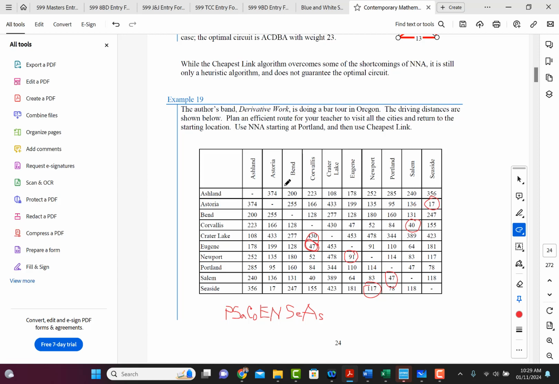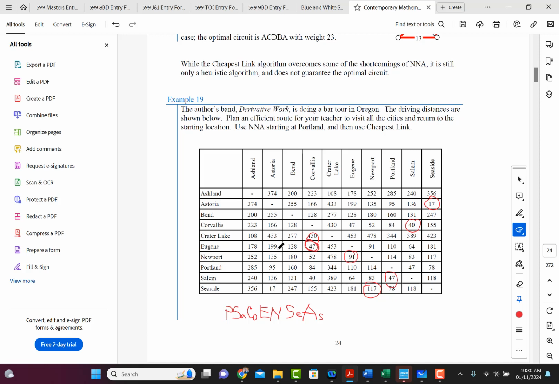And then we go to Astoria, and the cheapest one is Portland. Been there, well, Seaside, but we just came from there. Portland, we've been to. The next one is 136. Salem, we've been to, and then Newport, we've been to, and then Corvallis, we've been to, and then Eugene, we've been to.